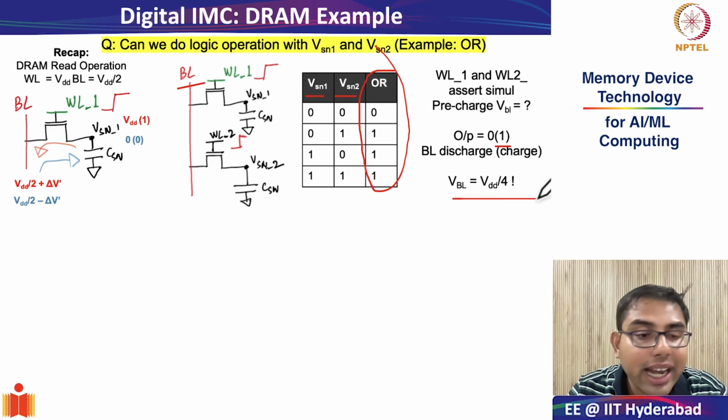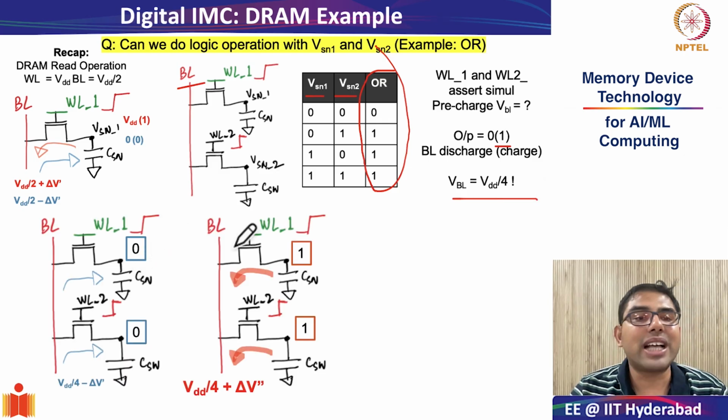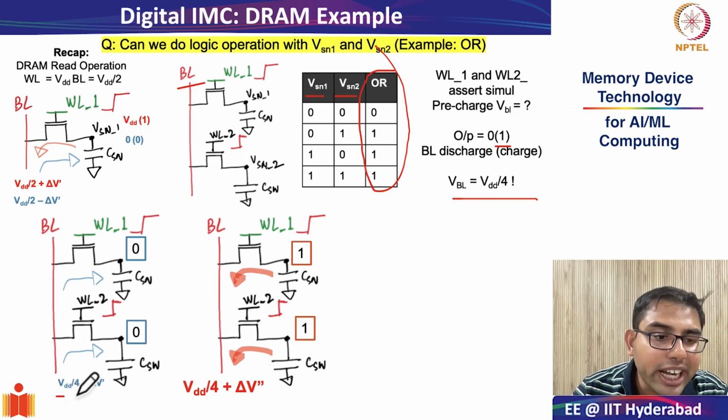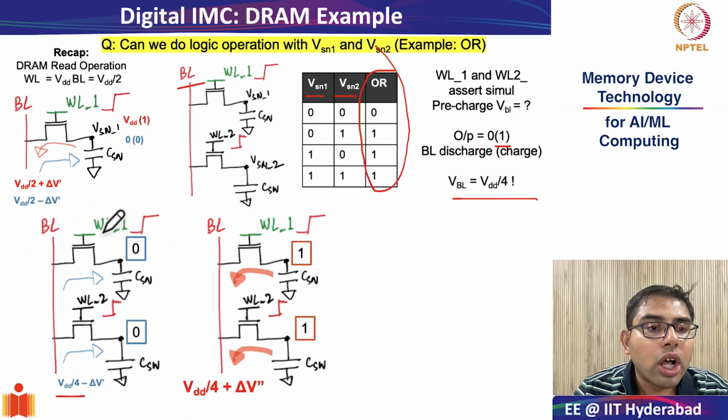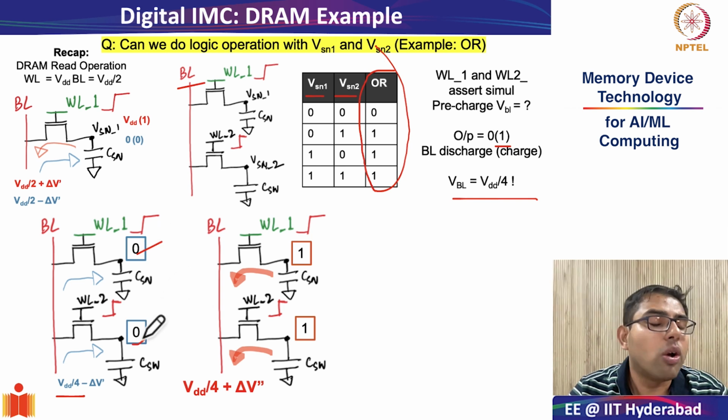How does that help? Let's look at these examples. So the two extreme examples are very simple. Suppose the bit line was earlier charged to VDD by 4 and your word lines were simultaneously turned on in the case where both storage node 1 and storage node 2 had the value 0 stored in them. What will happen?